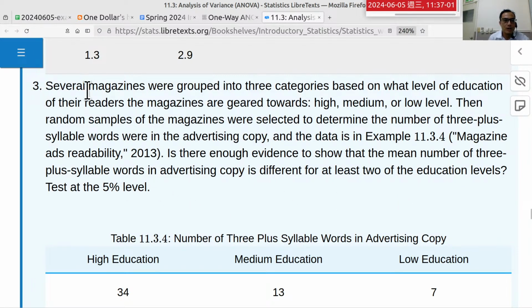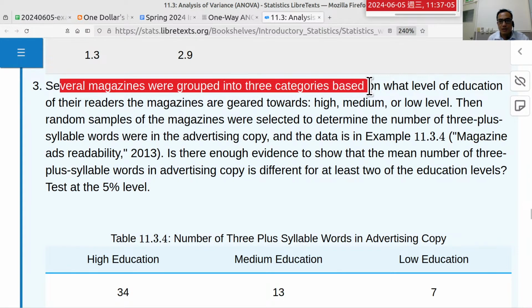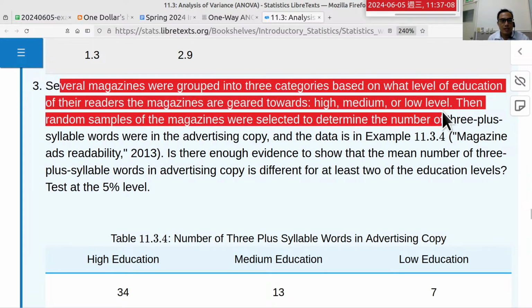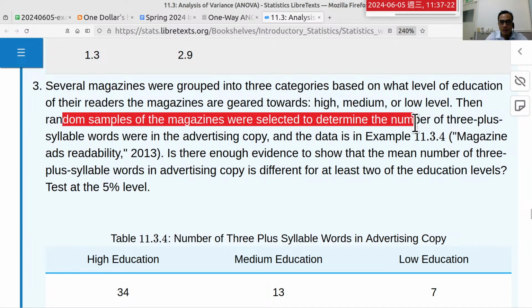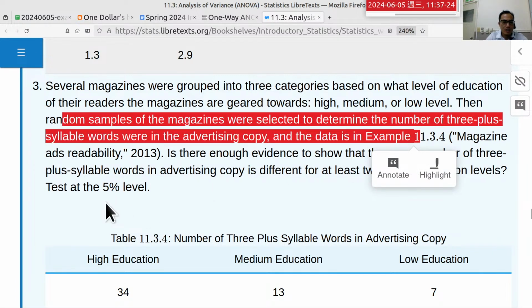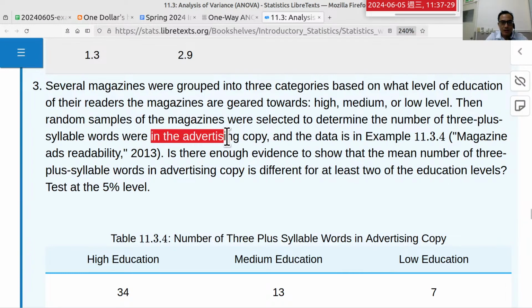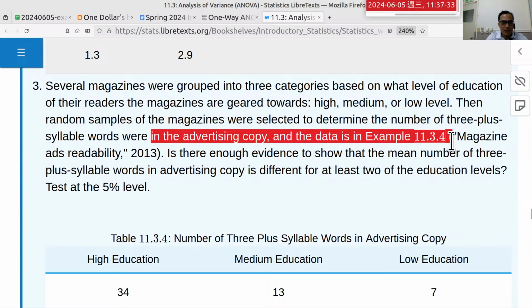Question number 3. Several magazines were grouped into 3 categories based on what level of education of their readers, in the magazine are geared toward high, middle, or low education. Then the random samples of the magazine were selected to determine the number of 3+ syllable words in the advertising copy, and the data is here.